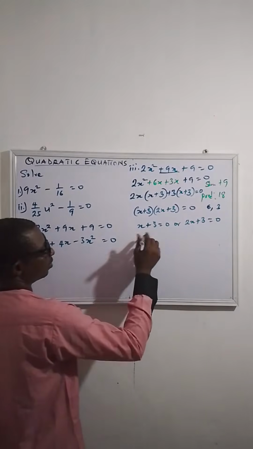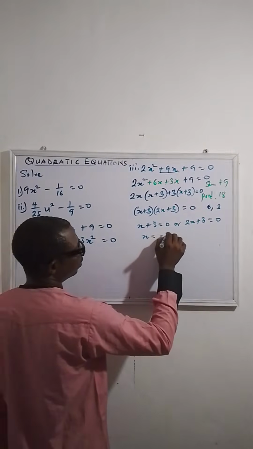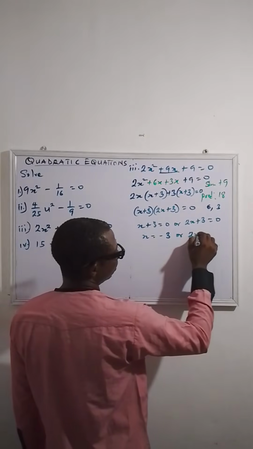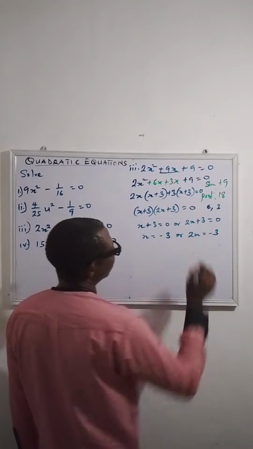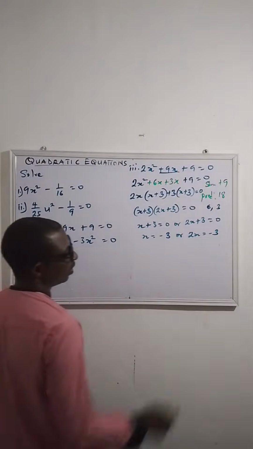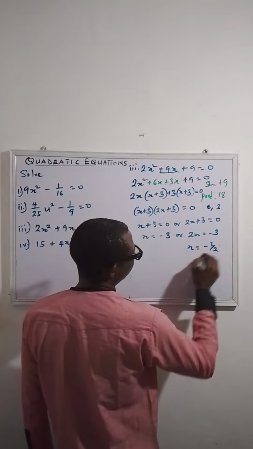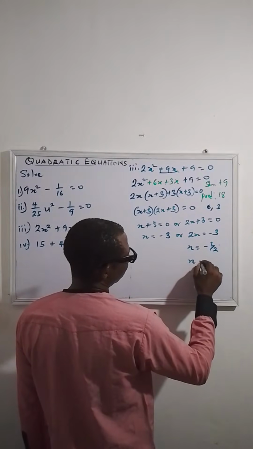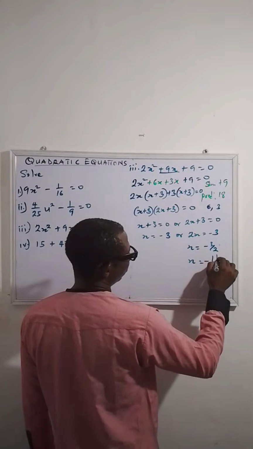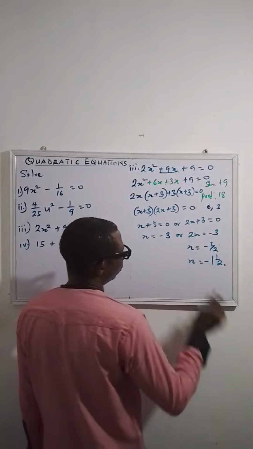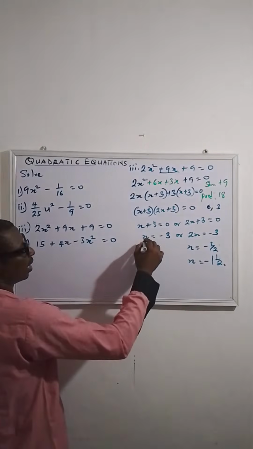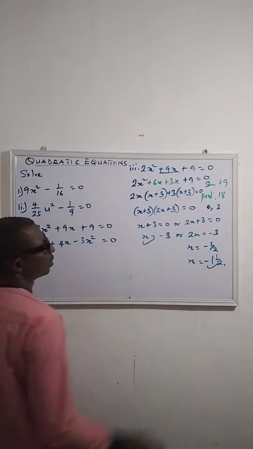Let's subtract 3 from both sides. We have x equals negative 3, or 2x equals negative 3. We can divide both sides by 2. You have x equals negative 3 over 2, and therefore x equals negative 1 and 1 over 2.